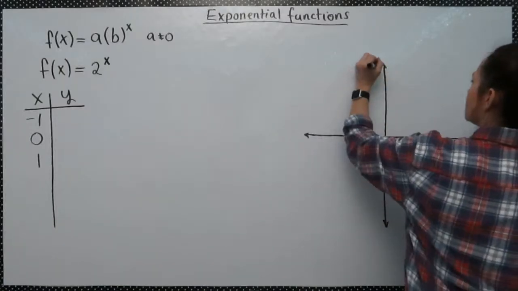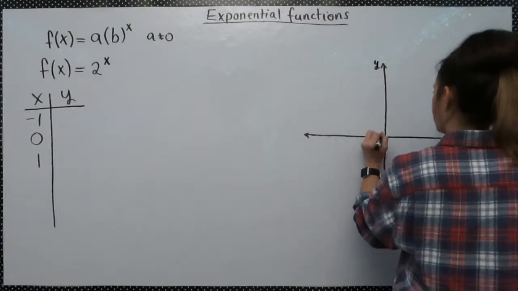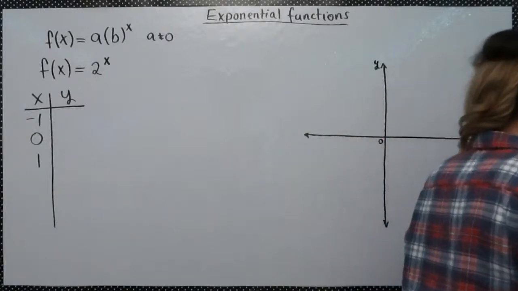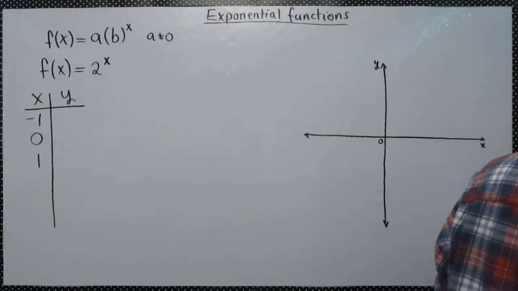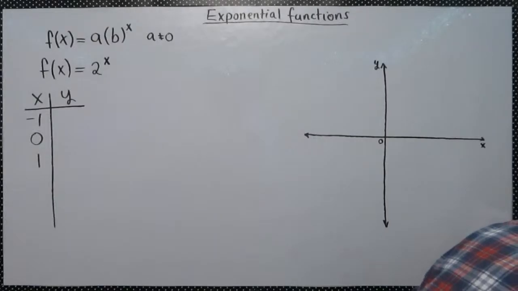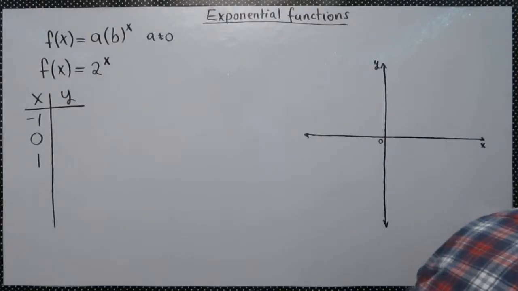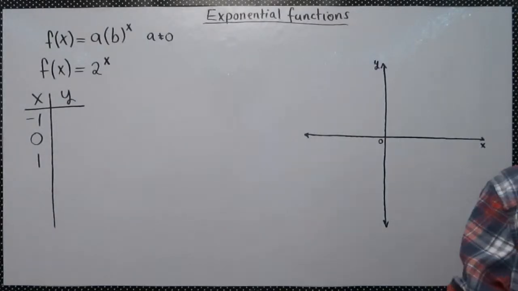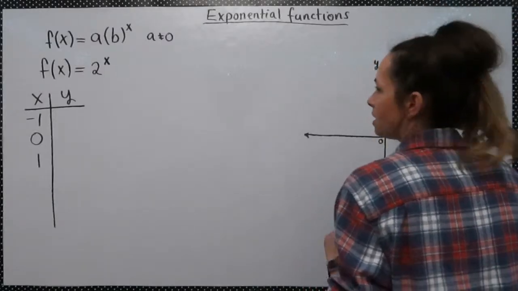I knew what I wanted to graph, but I didn't actually have an example, so I had to pull that 2 to the x off the top of my head, and I'm really not creative when it comes to coming up with examples. But if we manipulate this 2, it'll work.